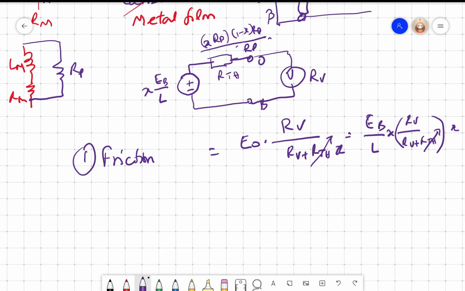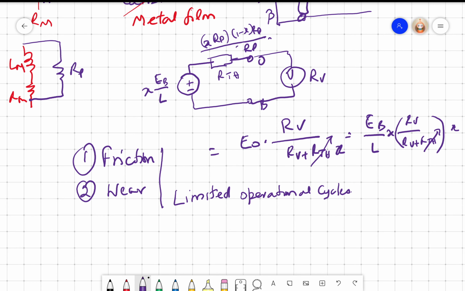The second thing is, because of friction, there will be wear on the, either the brush will wear out or the resistive element will wear out. So there will be wear on that, which means the transducer will have a limited operational cycle.